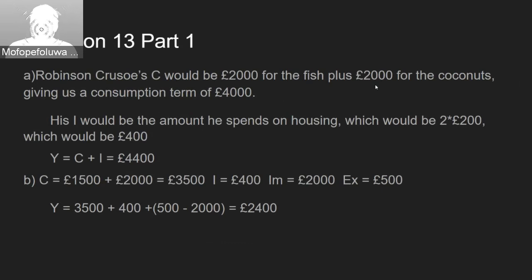And then for part B, his personal consumption goes down by 500, but then he starts exporting 500. His consumption goes down to 3,500 and his exports go up to 500. But he also imports 2,000 pounds worth of goods. This comes out that his GDP comes up to 2,400 pounds.